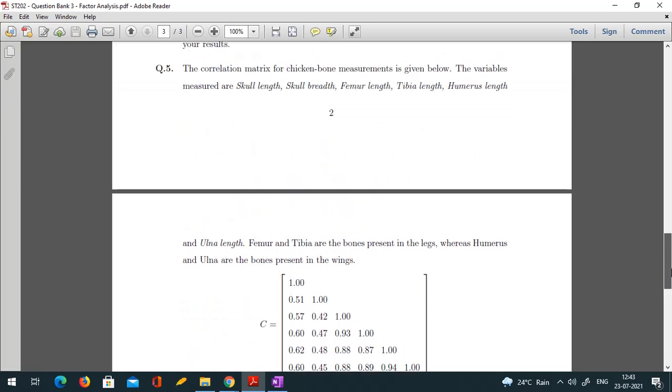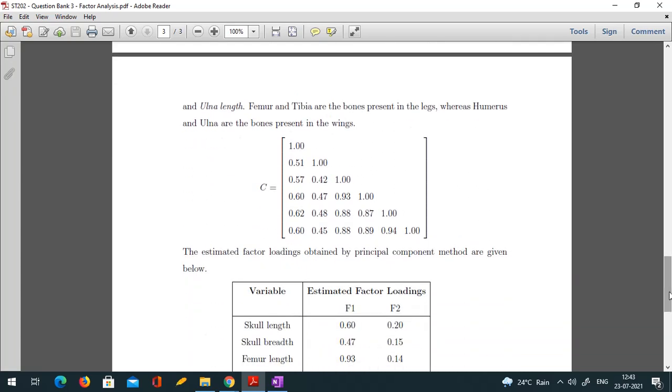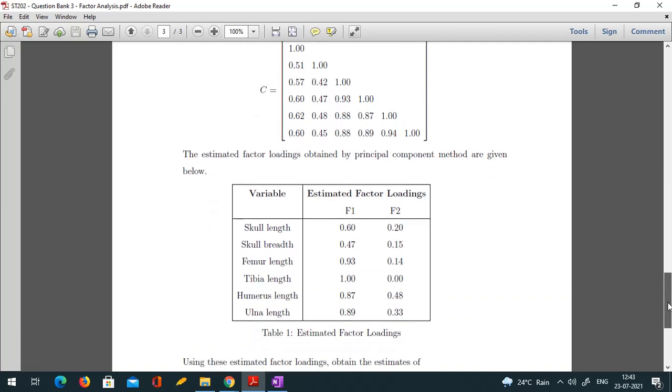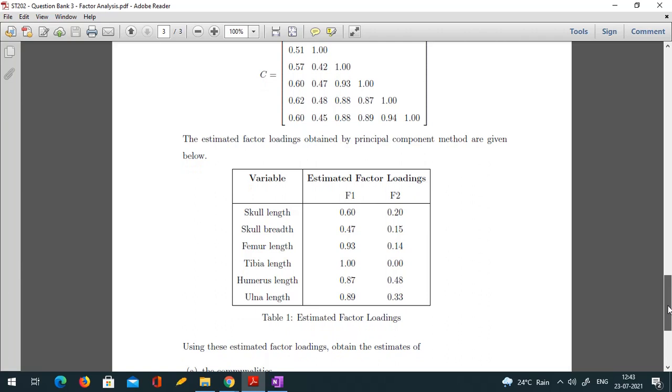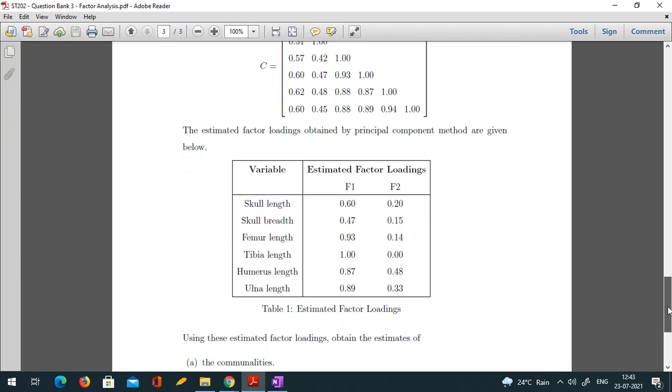This is the correlation matrix. So it is anyway given. So from this, if I want to estimate, I'll have to do eigenanalysis on a 6 cross 6 matrix, which manually I won't be able to do in a reasonable time. So any other suggestions?